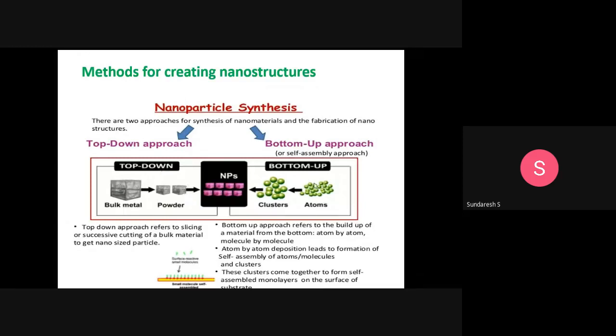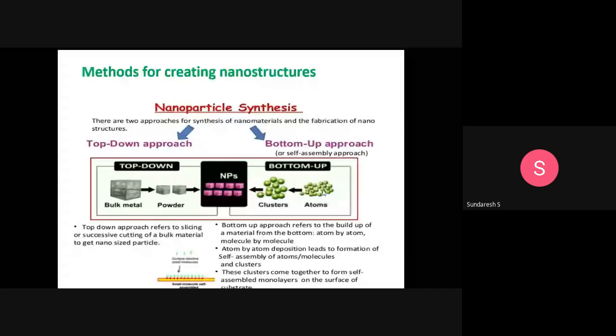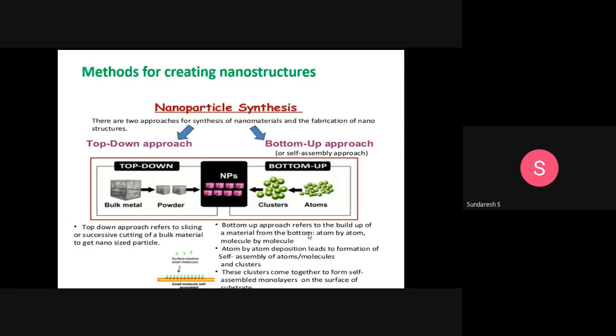On the right side, we call it the bottom-up approach, or we can also call it the self-assembly approach. The bottom-up approach refers to the build-up of a material from the bottom, that is, atom by atom, molecule by molecule.